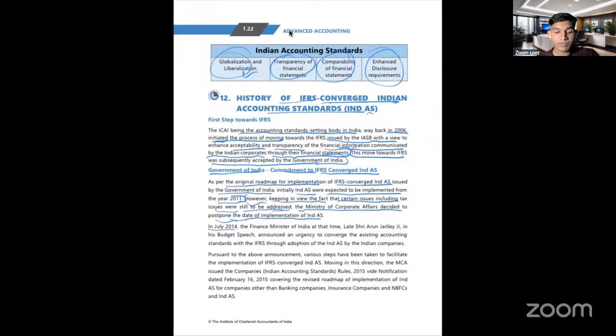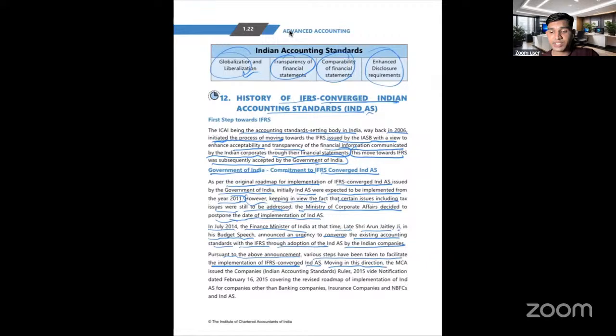In July 2014, the Finance Minister of India at that time, late Sri Arun Jaitley ji, in his budget speech announced an urgency to converge the existing accounting standards with the IFRS through the adoption of the Ind ASs by Indian companies. Pursuant to the above announcement, various steps have been taken to facilitate the implementation of IFRS converged Ind ASs.